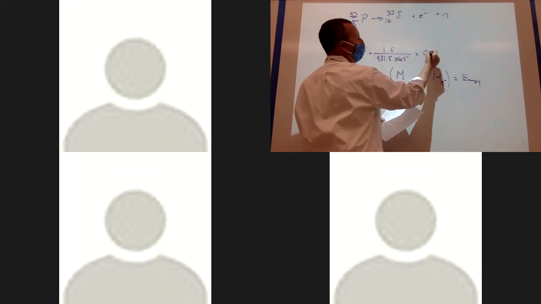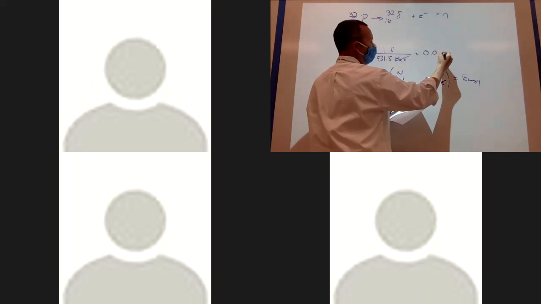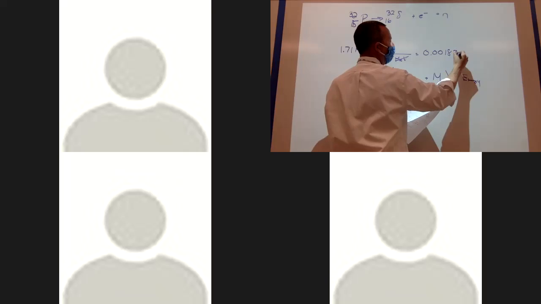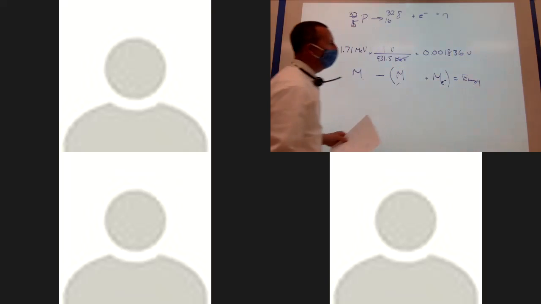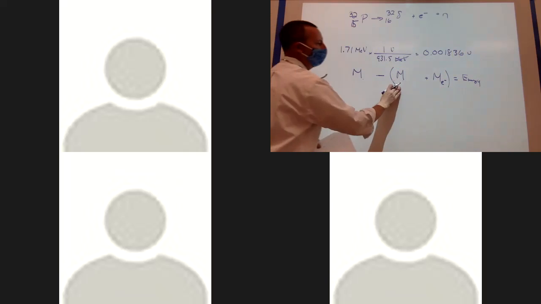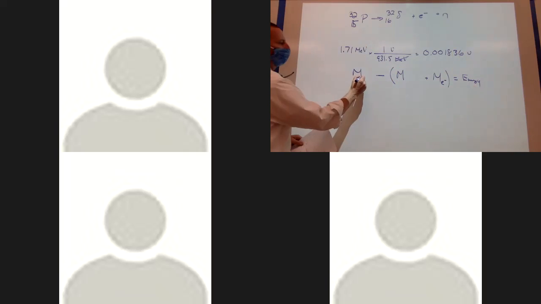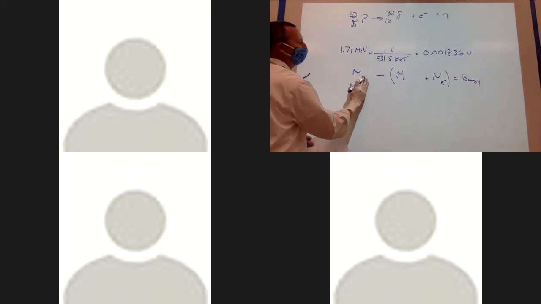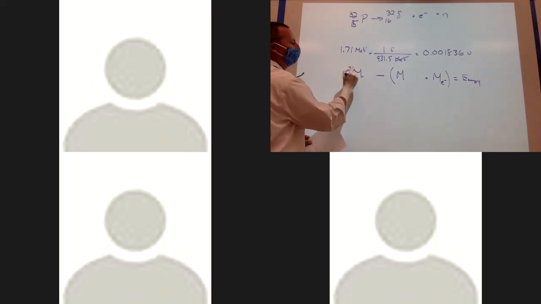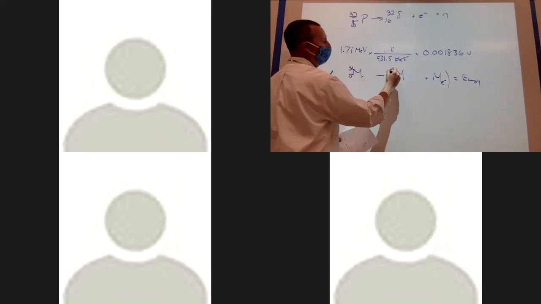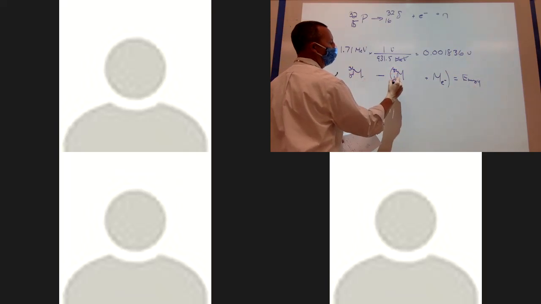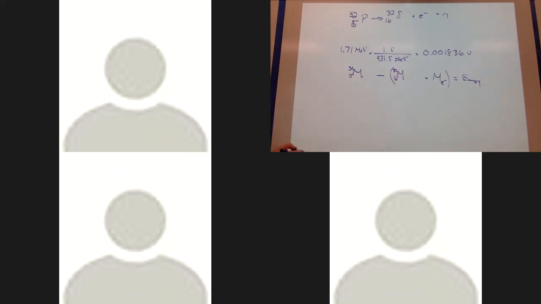This time I get 0.001836 AMU. So that's my energy. That's wrong. 32, 15, 30, 32, 16. All right.